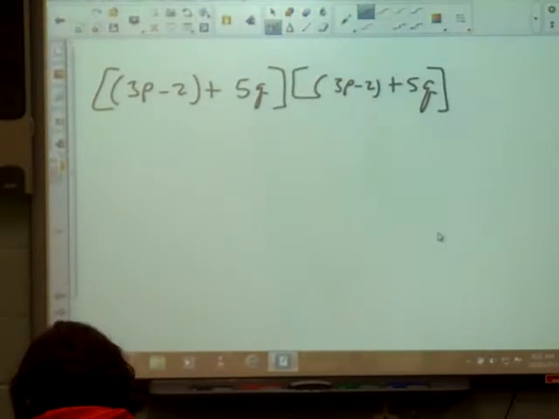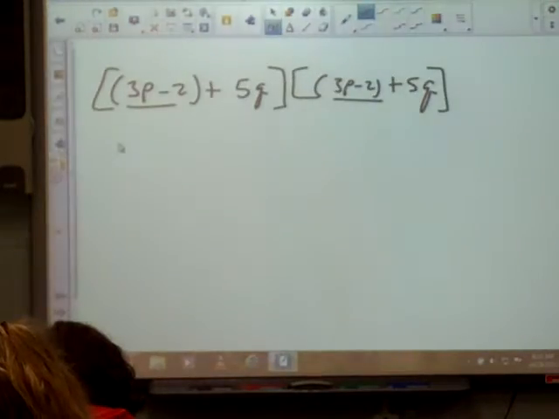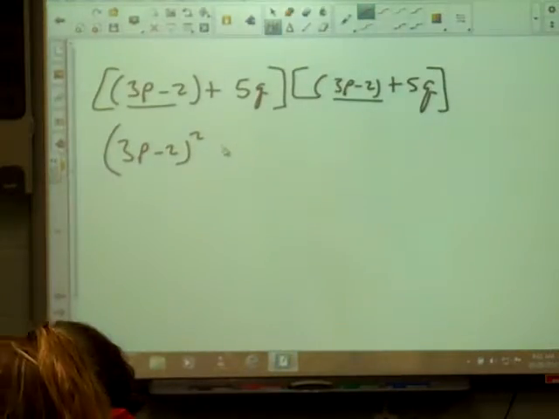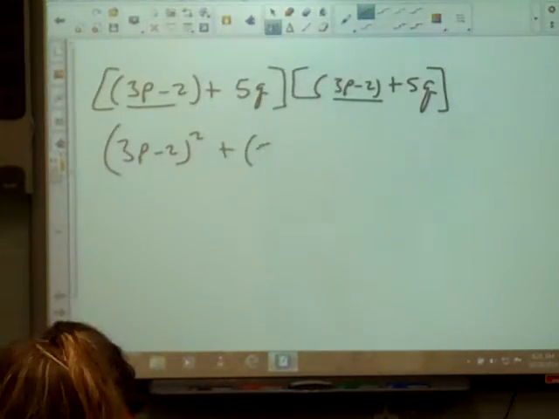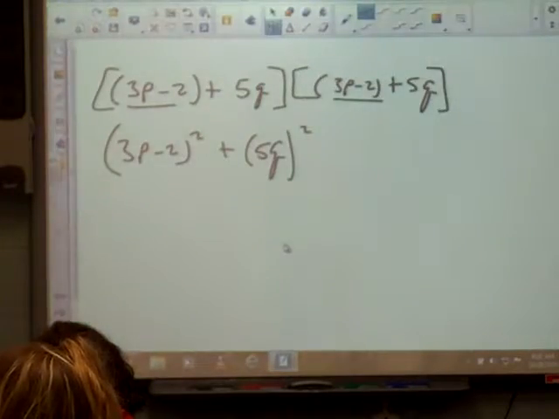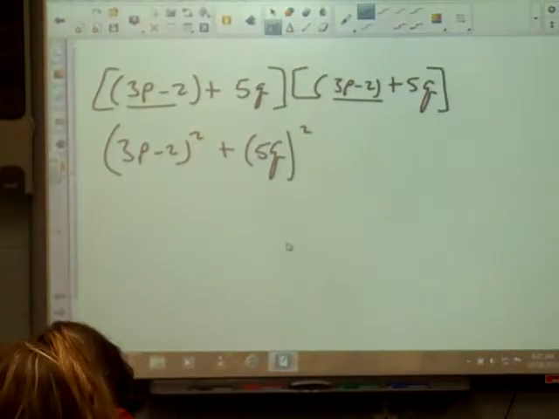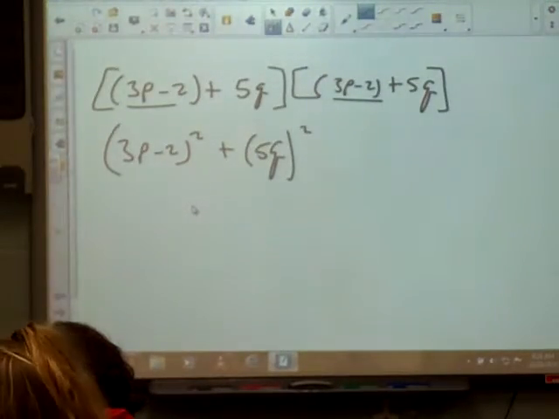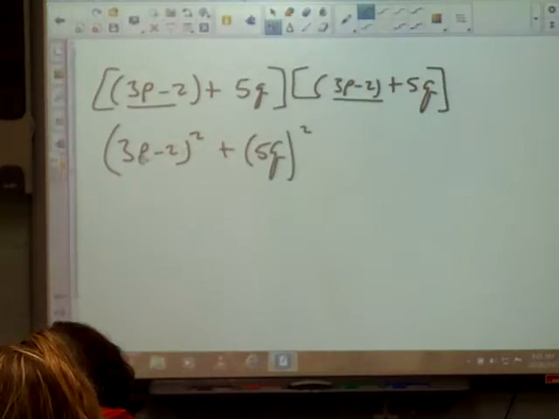So I could look at this and say, well, I've got to take 3p minus 2 twice, and I've got to take 5q twice, right? Okay, so how would I attack this 3p minus 2 twice?